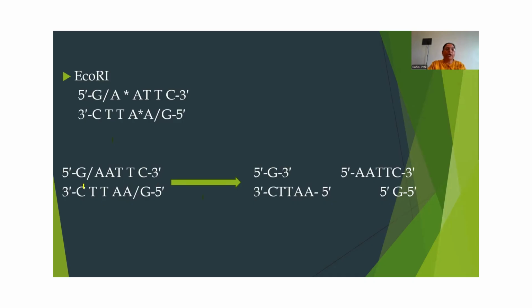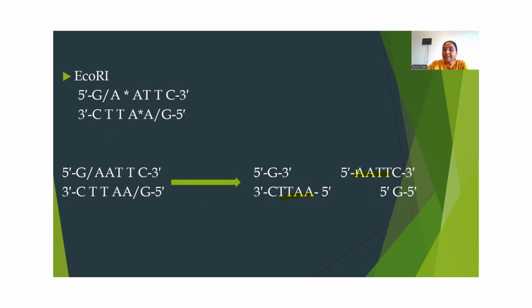In the presence of the EcoR1 enzyme, there is a cleavage of this restriction site, and here you can see that when the enzyme acts on the restriction site, G is base paired with C, and here also G is base paired with C. Now you can see these AA and TT sequences don't have any complementary sequence here, and here also these AA and TT don't have a complementary sequence, that is, there are no hydrogen bonds present.